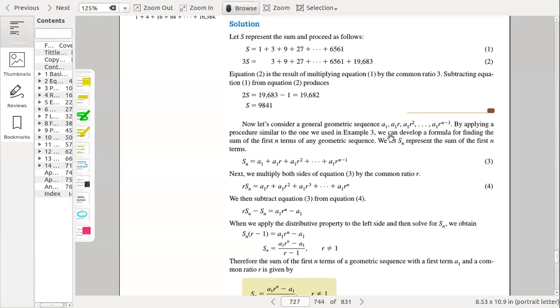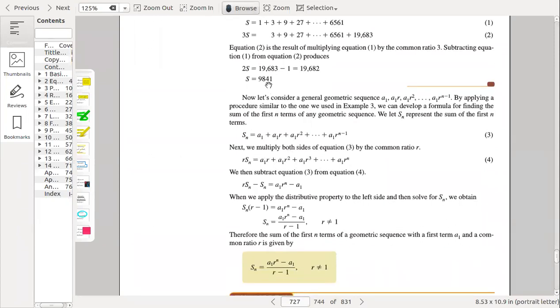Now let's consider a general geometric sequence a1, a1r, a1r square, and so on, a1r power n minus 1. By applying a procedure similar to the one we used in example 3, we can develop a formula for finding the sum of the first n terms of any geometric sequence. We let Sn represent the sum of the first n terms.